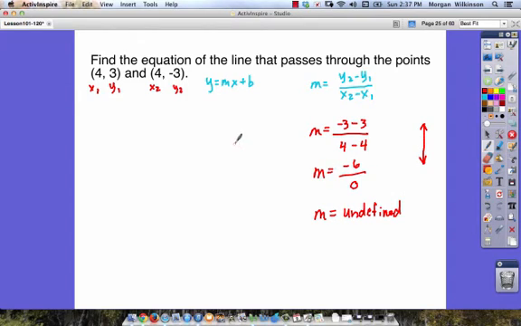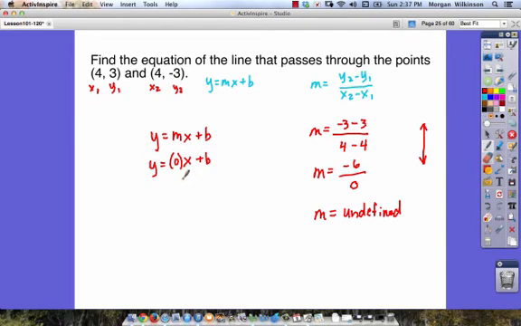Now, we still need to find out what our b value would be. So, we've got the format y = mx + b. We know that m is 0, so we're going to get y = 0x + b, because 0 is our m.